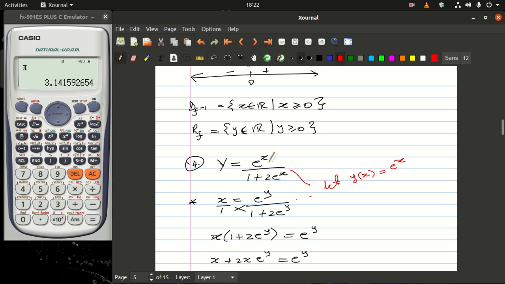Here they might think that this one must be just g of x, and of course I will end up having h of x equal to x divided by 1 plus 2x, and then they try and plot this curve here. If it's easy for you to plot this, you can do that and follow composite functions, but for me, for this one, I just went straight to the inverse.